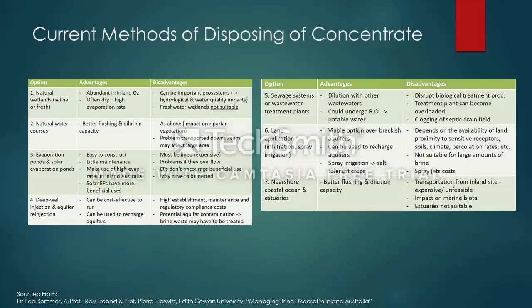For desalination plants located at inland areas, the methods of disposal of the concentrate is more limited depending on the surrounding environment and the available land space. Some options include evaporation ponds, deep well aquifer re-injection, watercourse or natural wetland discharge, as well as possible beneficial reuse for commercial and industrial use.